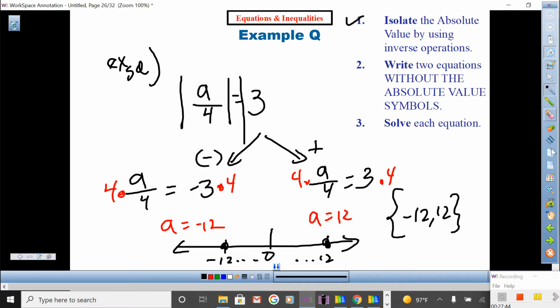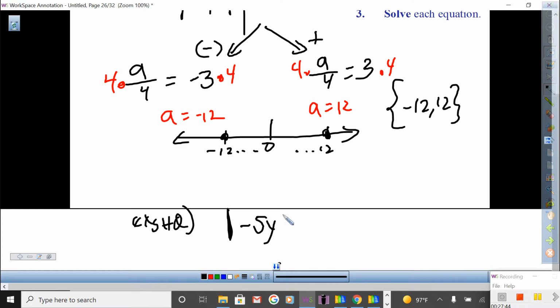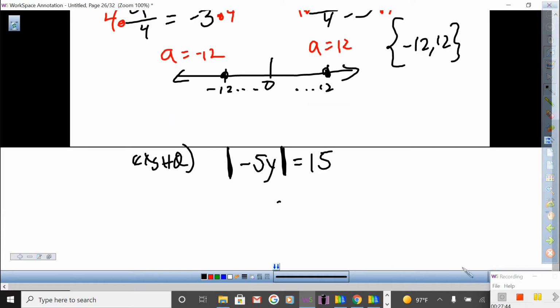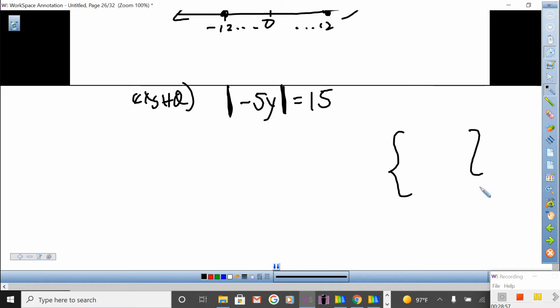Let me move on. Let's go to example Shazam Q. Example Shazam Q. And we got absolute value, negative 5y, close the absolute value, equal to 15. Shouldn't take you long. Ready, go. All right, let's see. Solution set. Alexa, what'd you get?